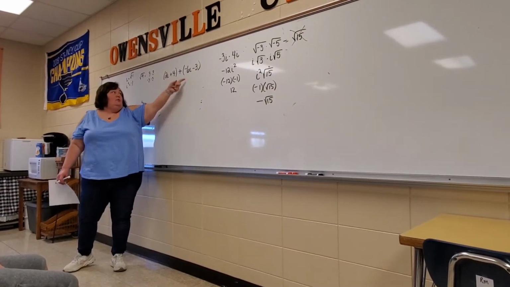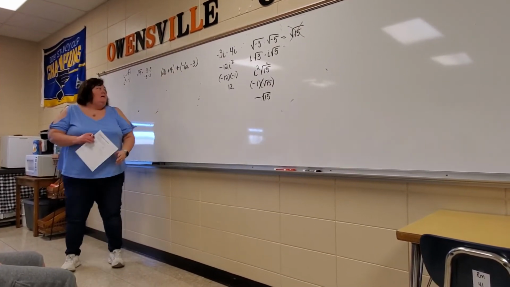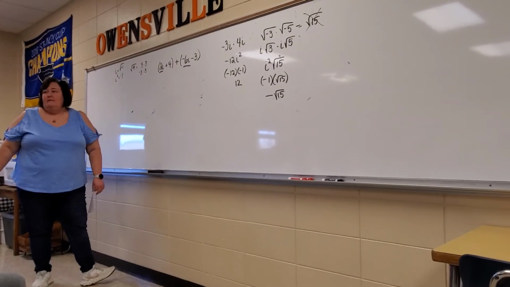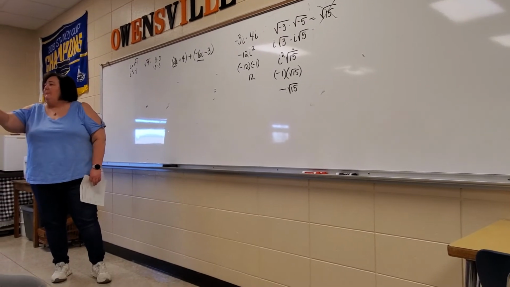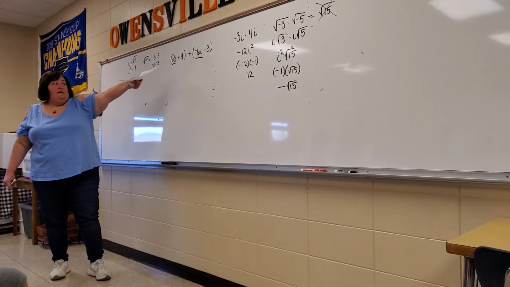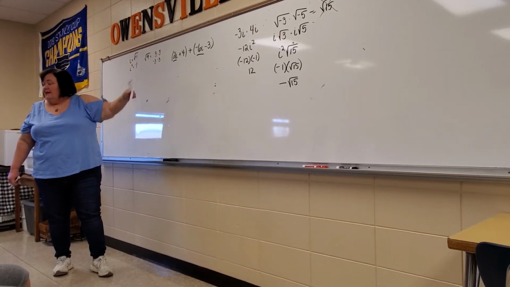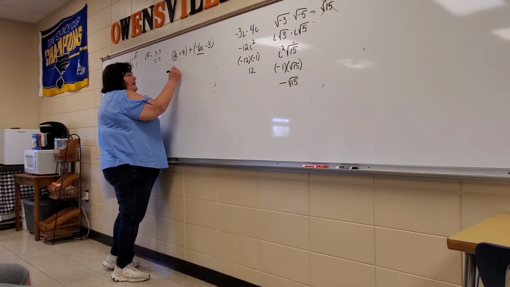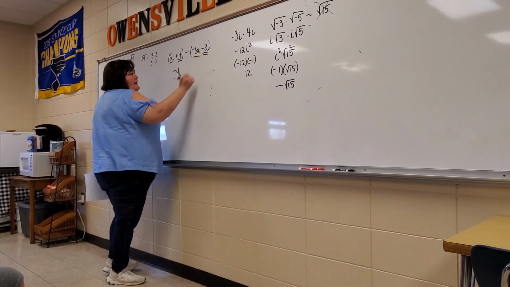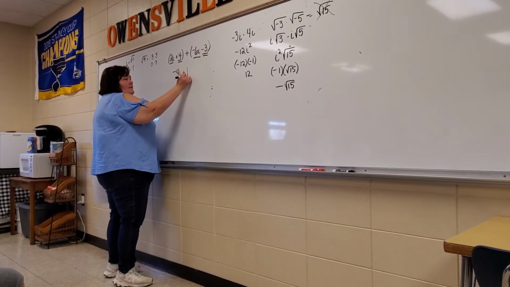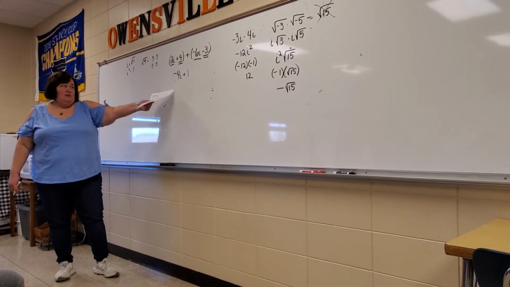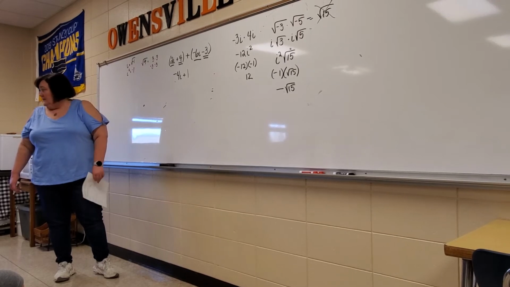So don't distribute. Since we have i's in this one and this one, 2 plus a negative 6 is negative 4i. And then 4 and a negative 3 is positive 1. Is there anything else we can change here? No, we just leave it like that. That's the answer.